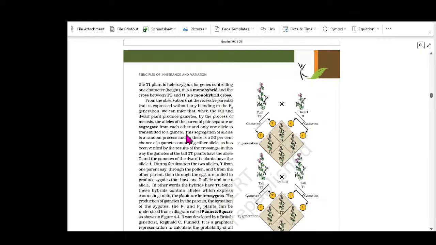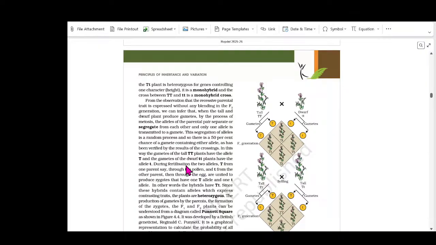This segregation of alleles is a random process, and so there is a 50% chance of a gamete containing either allele, as has been verified by the results of the crossings. In this way, the gametes of the tall TT plants have the allele T, and the gametes of the dwarf tt plants have the allele t.